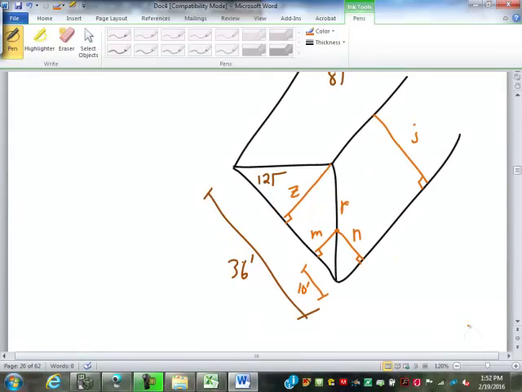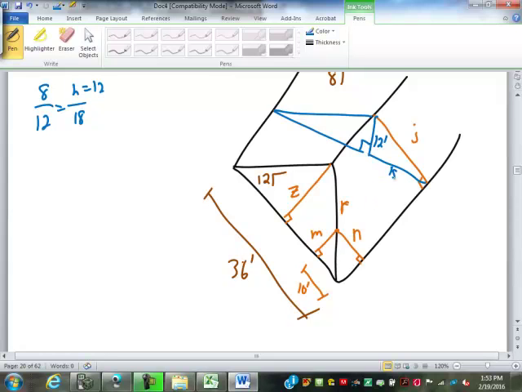Let's do this. So the first thing I'm going to find is J over here. To find J, of course, I need to know the height. You know, J is part of this common truss here, right? So what's its height going to be? That's an 8 over 12 equals blank over 18. So H is going to be 12. This is 12 feet high.